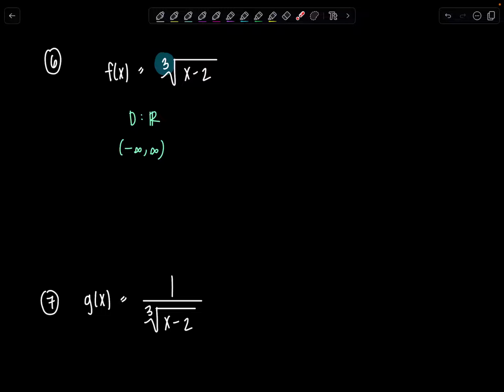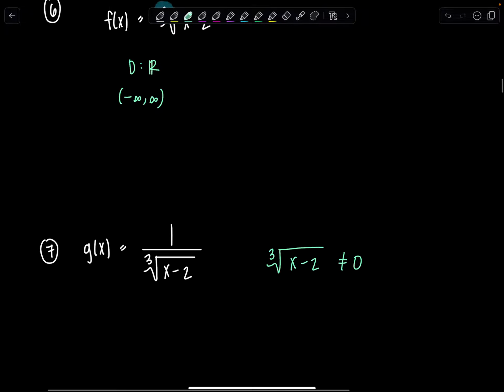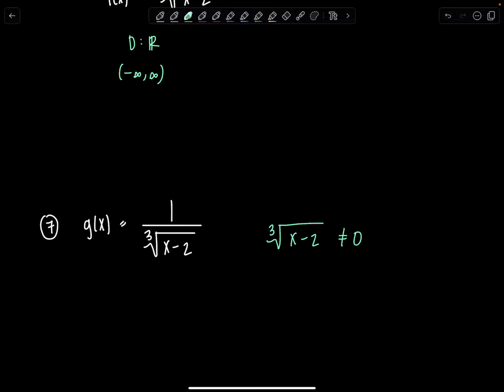Now, look at 7, just a wee bit different. Same odd index, it's just now this radical is in the denominator. So almost everybody's good to go. I just know in the denominator we can't have any zeros. So I don't want my denominator to equal 0. So solving for x here, if I cube both sides, I'm still going to have 0.